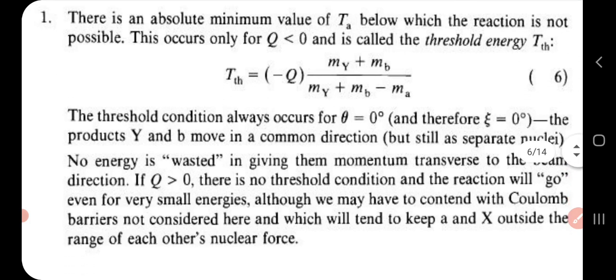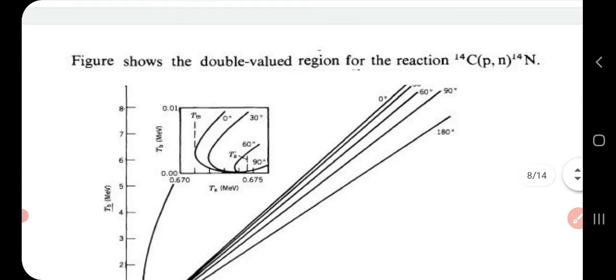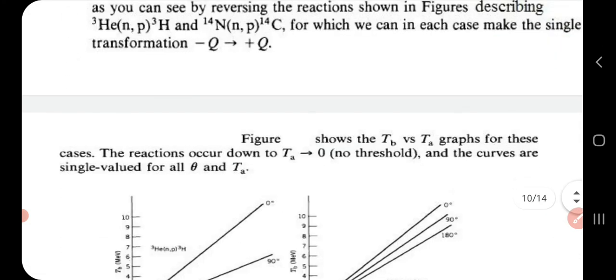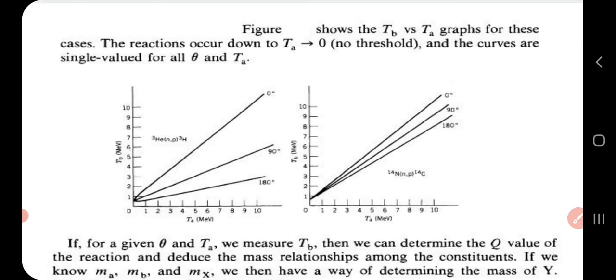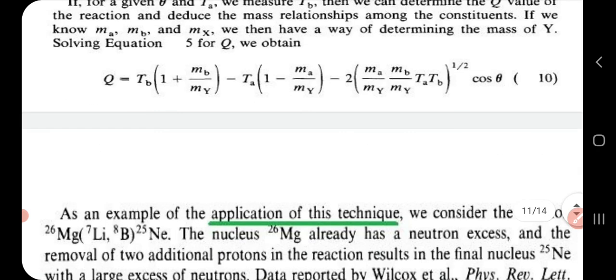These points are important: point 1, point 2, then the next graph is also drawn for the other reaction, that is carbon, then point 3, point 4. Now in the last case they are not showing any double sided region. So up to equation 10 these slides are very important.